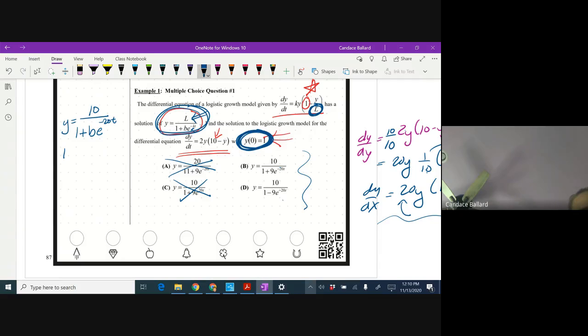So 1 is going to be y. My goal is to try to solve for the b, because I need to know whether it's 9 or negative 9. So plus b e to the negative 20 times 0. And we love it when that 0 ends up in that exponent, because that makes it e to the 0, which we know is 1. So it's really 1 equals 1 plus b.